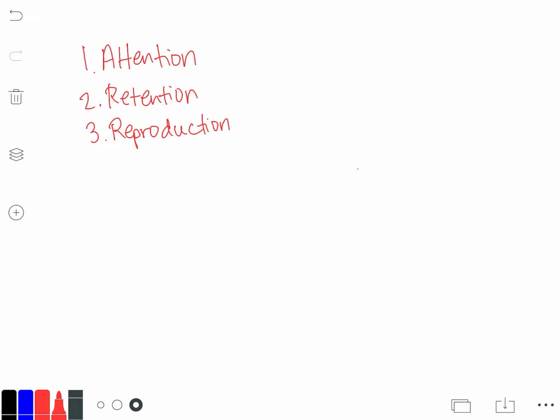So the person copies what they saw in the form of a repeated behavior. And then finally is motivation. So it's not just enough to reproduce the behavior. We have to see a consequence from this. So reinforcement and punishment. The environment has to deliver a consequence that changes the probability that the behavior is going to be emitted again.